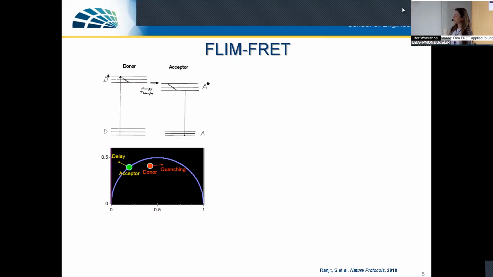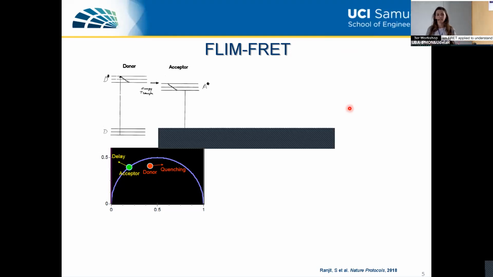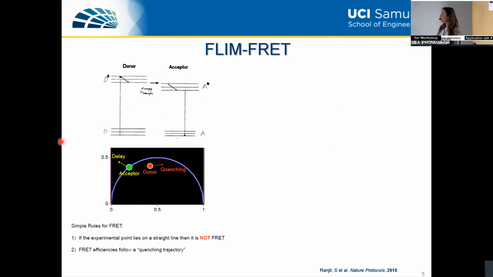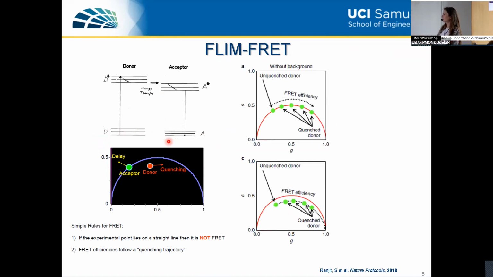And with the acceptor, since the excitation will have a delay relative to the excitation pulse, if that delay is big enough, the trajectory of the acceptor will go outside the universal circle. Some important points of FLIM FRET are that the donor quench trajectory is curved. It's not a line, and it's not the linear combination state that we saw before.